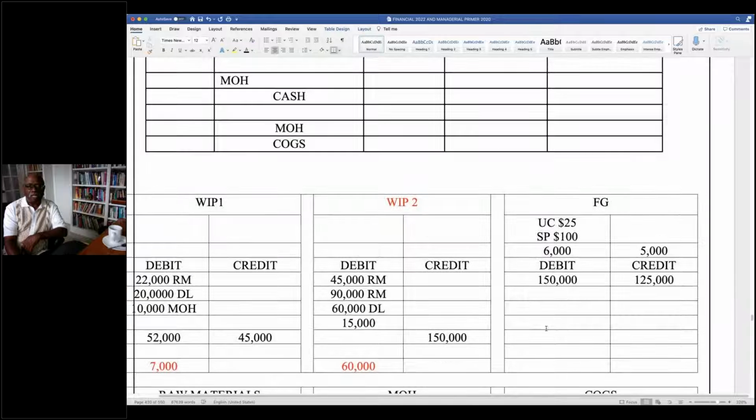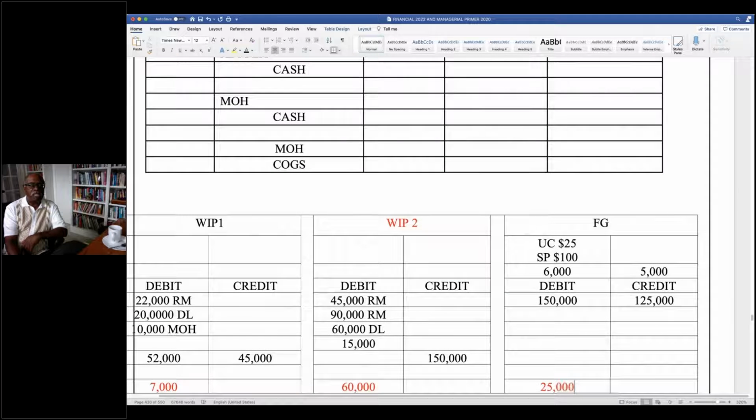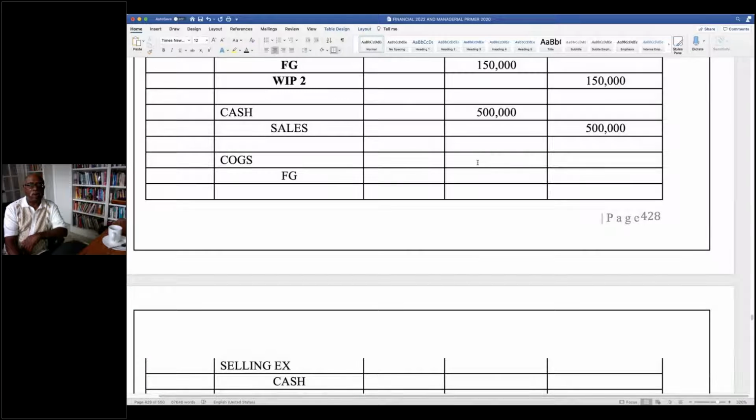How much is left in the finished goods account now? 25,000. And our journal entry: we debit cost of goods sold for 125,000, and we credit finished goods for 125,000.